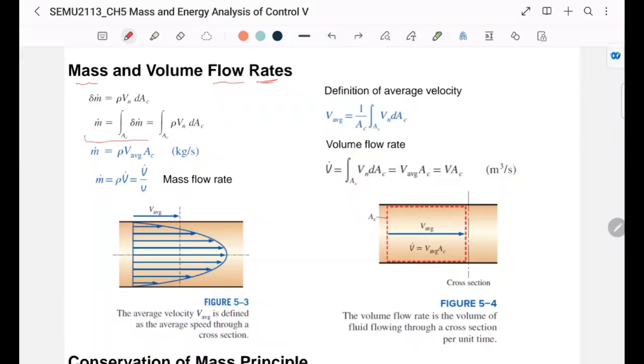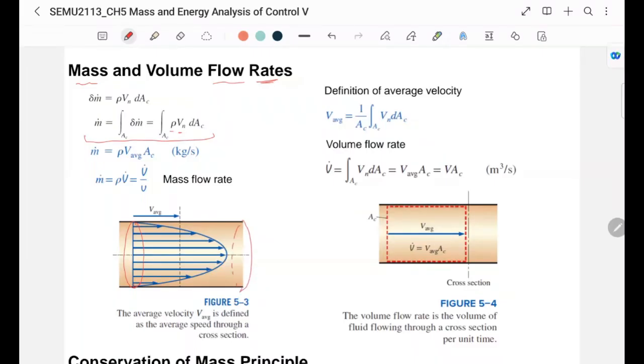It's the integration of the density and velocity over the area. Because in the flow, let's say in a pipe, I'll draw it as a pipe like this.